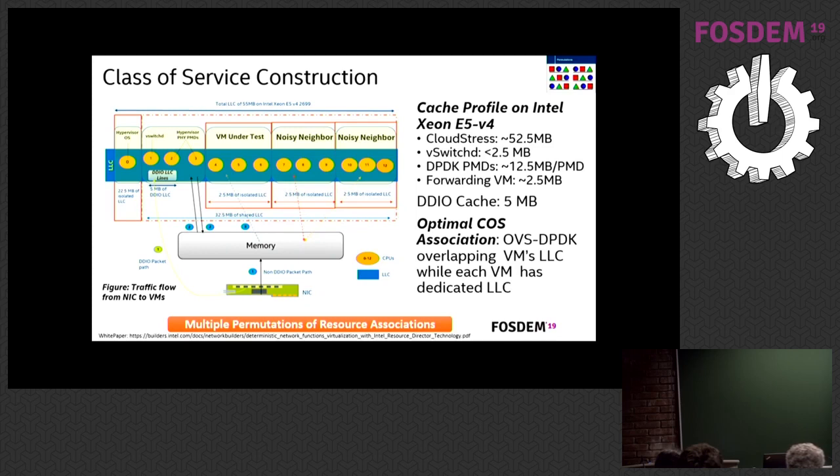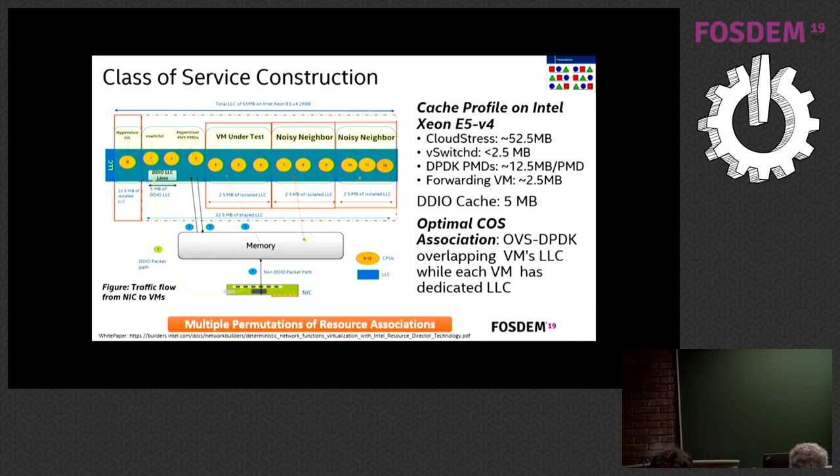The platform that we use is the Broadwell generation, which is Intel Xeon E5 v4. Our PMD is about 12.5 MB per PMD, and the forwarding VM is about 2.5 MB. So under plain conditions, you get your cache profile, and now it allows you to understand the amount of cache that you need for your workload.